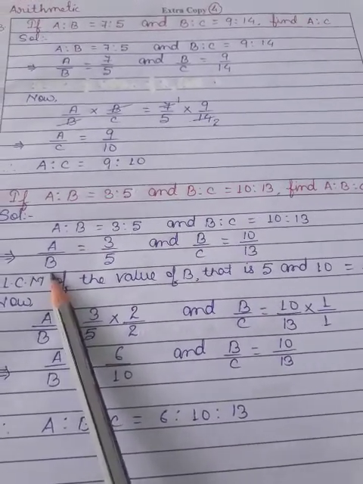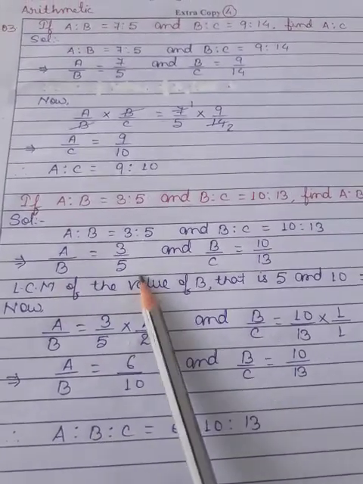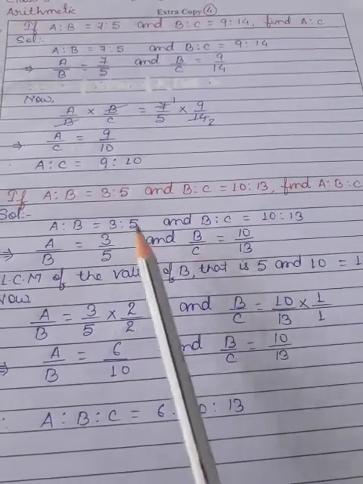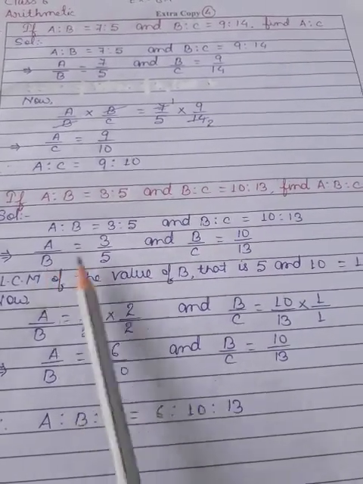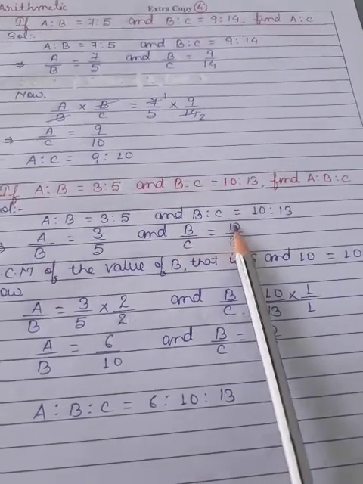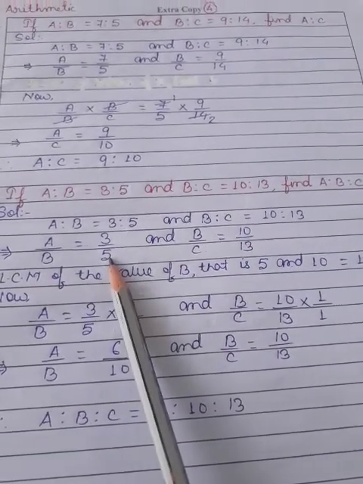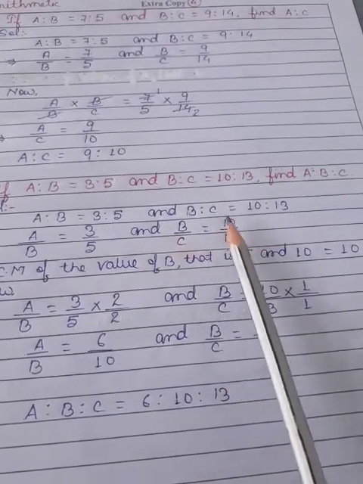Once again I am repeating. First of all we see which alphabet is common between these two ratios. B is common in both. Here the value of B is 5, and here the value of B is 10.